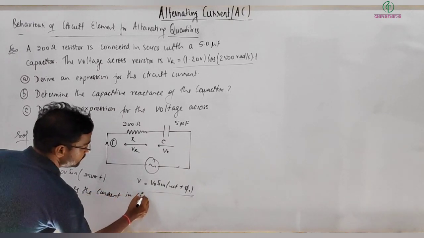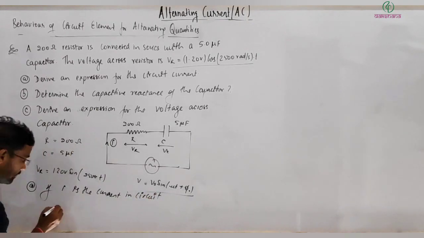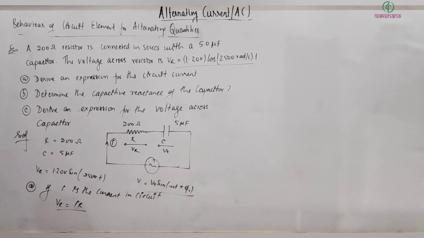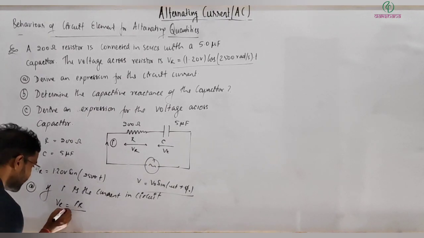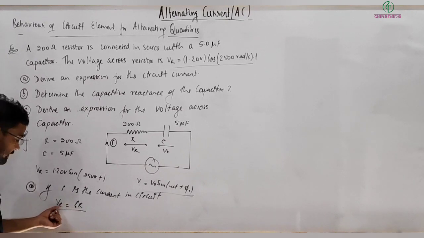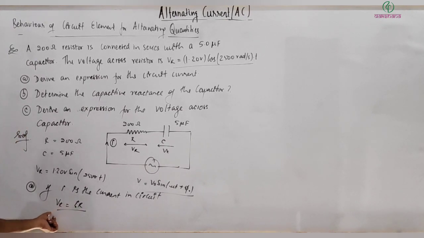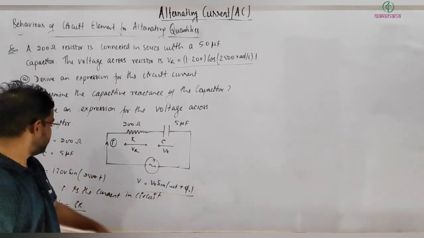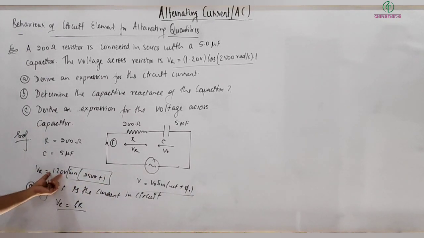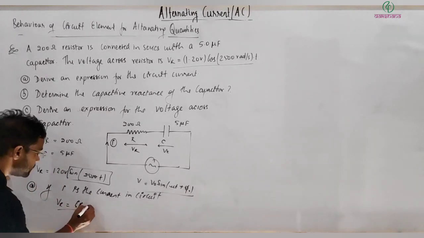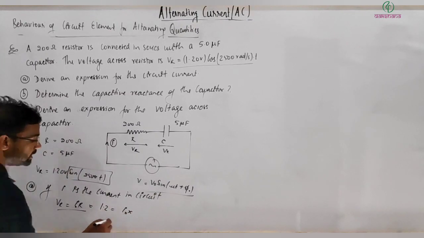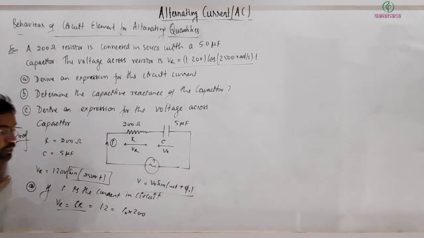If I is the current in the circuit, then I can write VR is equal to I times R, and the phase of I will be the same as the phase of VR. So the peak value is 1.2 volt, and that is equal to I naught times R, where R is 200 ohm.